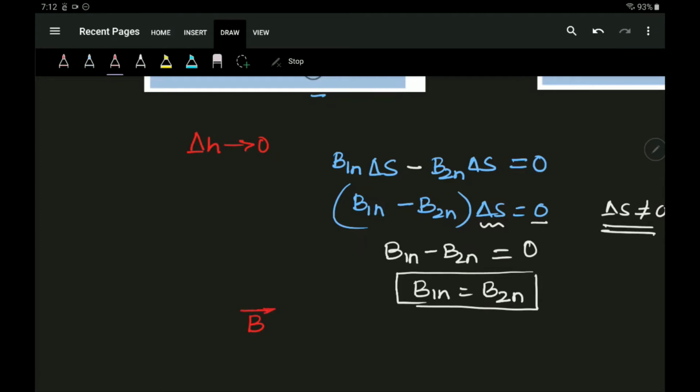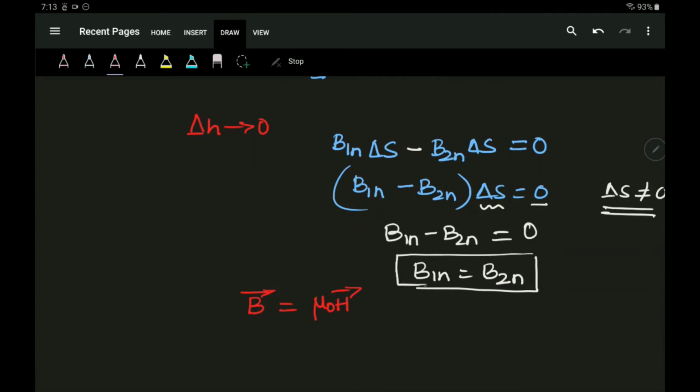Magnetic flux density is given by permeability times magnetic field intensity, so in terms of magnetic field intensities, I can write mu1 H1n is equal to mu2 H2n.